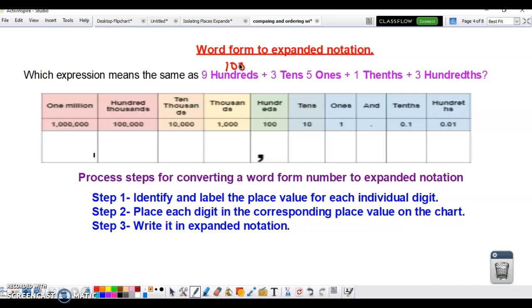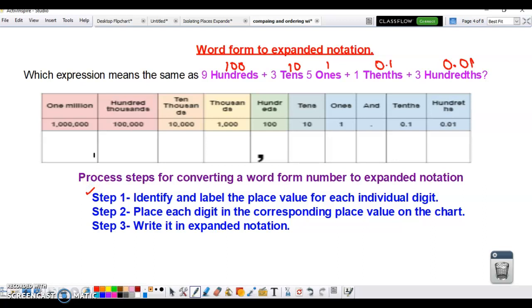Next, 3 tenths. The tenths, the ones. Over here it says the tenths, so tenths is 0, decimal, and 1. The hundredths, 0, decimal point, 0, and 1s. I already got my values. So number 1 is done.